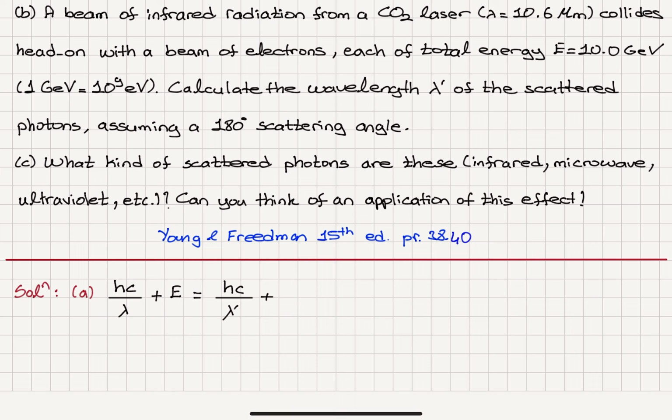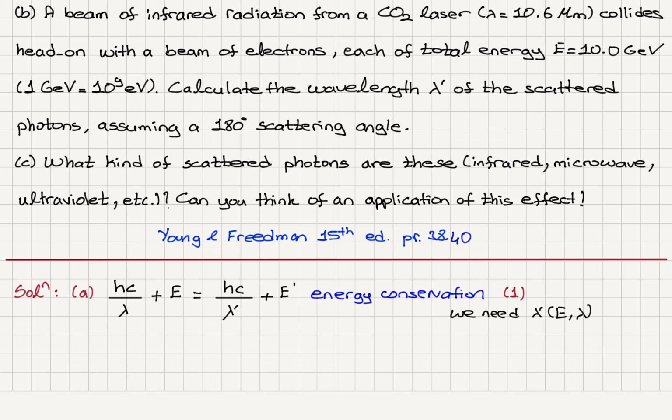The scattered electron has energy E prime. This is my energy conservation equation, and I'm going to call this equation 1. So we need lambda prime as a function of capital E and lambda. That's the equation we're after.